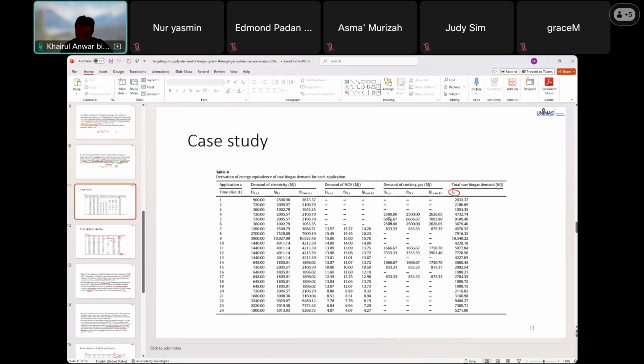We focus on 5.1 first, the optimal capacity of AD and the biogas storage, which is the mass pinch. Table 5 shows the first iteration using the gas cascade.